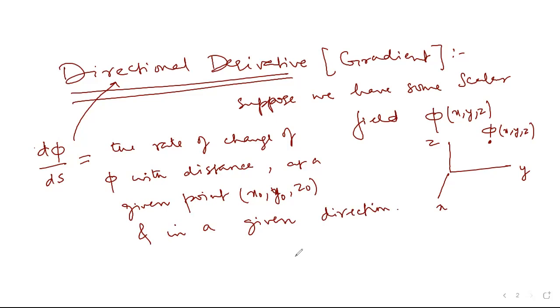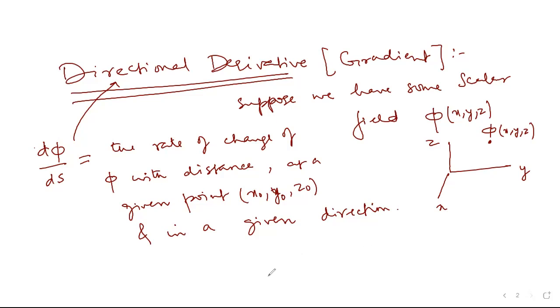So when we find the rate of change of phi with distance at a given point and in a given direction, we say we have found the directional derivative of this scalar field phi. I hope it's clear to you. That means we're first fixing a point. At that point, we are moving in space, finding the rate of change of phi with distance in a specific direction.